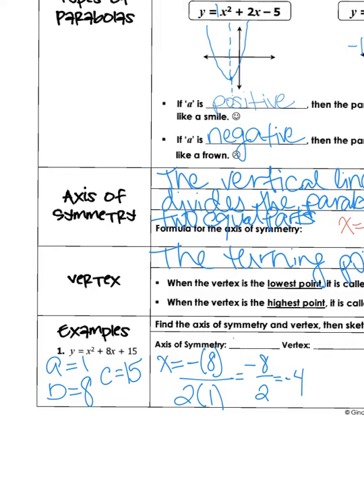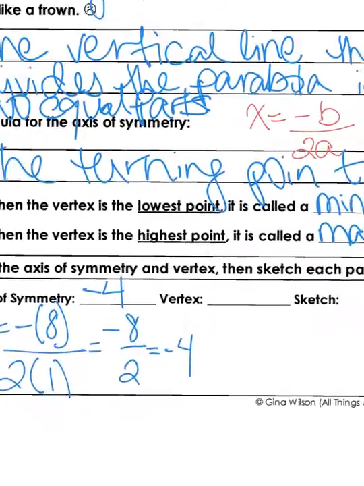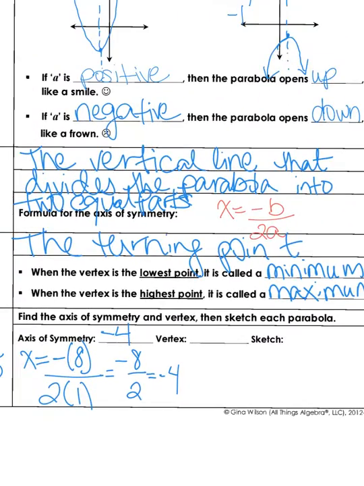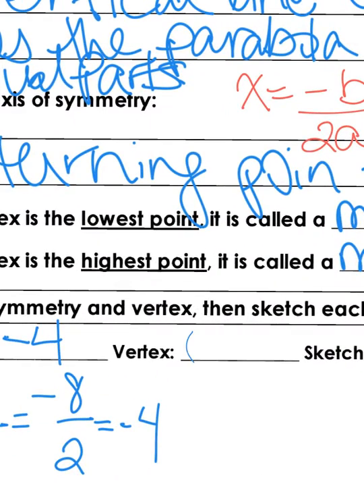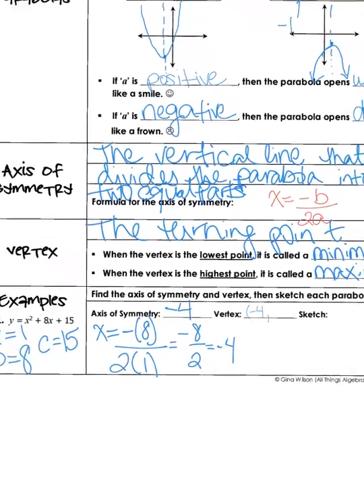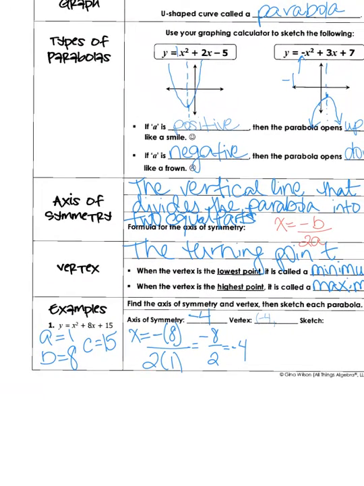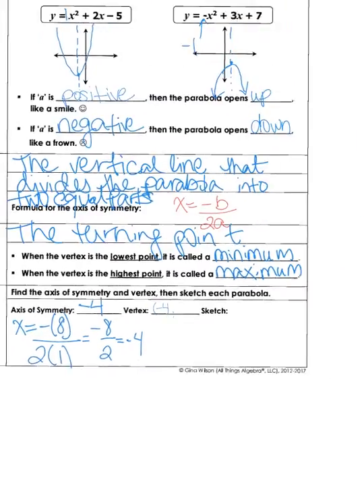The one nice thing about the axis of symmetry is that since it's negative 4, the x value of my vertex is negative 4. Now, you may use a calculator, all you have to do is plug in negative 4 for x and simplify. Then I'll have to do my sketch.